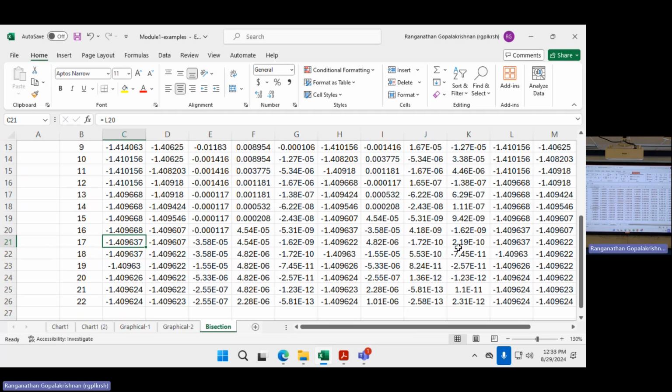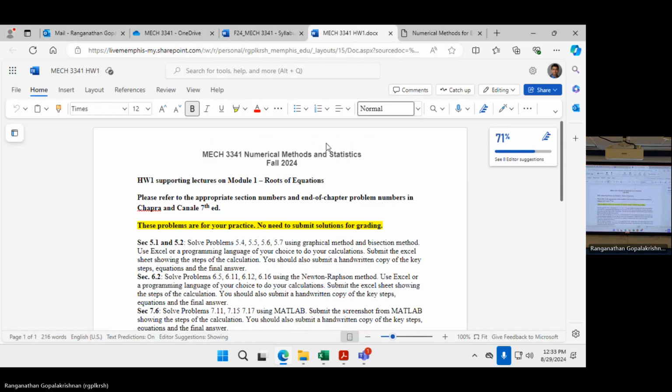Shall we do one of the homework problems using this template? So in the homework, I've given: solve problems 5.4, 5.5, 6, 7 using graphical and bisection method. Use Excel or any language. Let's see what those problems are.